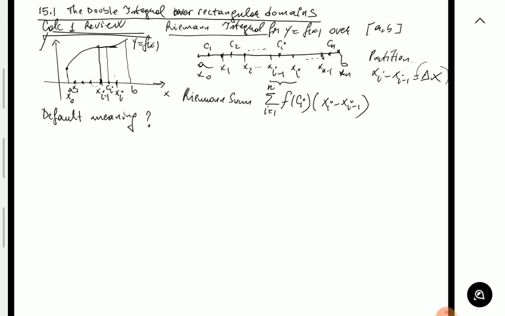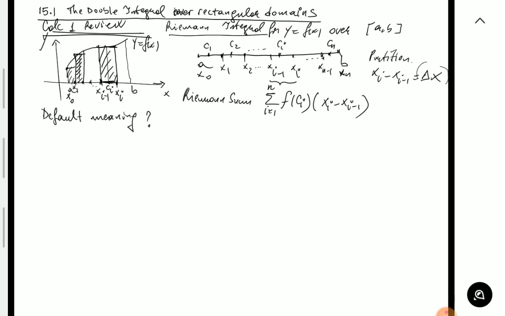So that's going to be the height of the rectangle, and the width is, of course, the segment of the partition. And if I do this for every single partition, it's easy to see that these rectangles, if we add them all together, will approximate the area between the graph of the function and the x-axis.